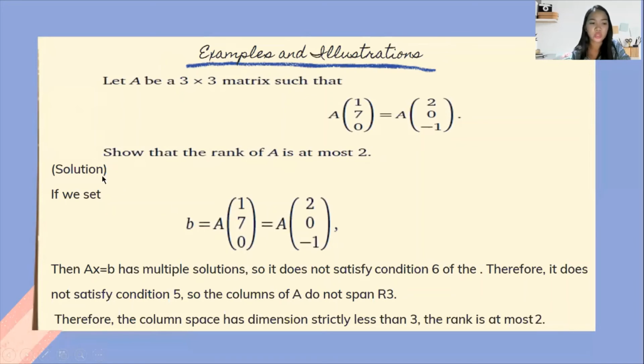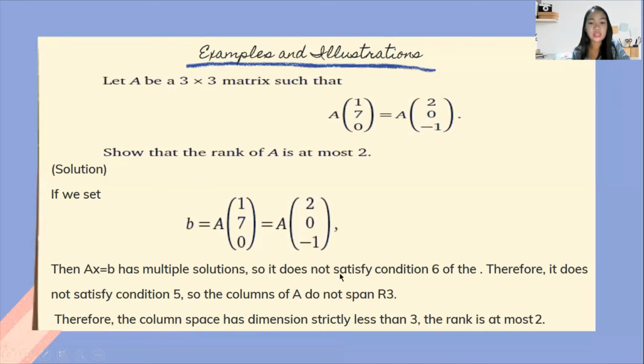Solution: if we set B equal to the column 2, 0, negative 1, then AX is equal to B has multiple solutions.